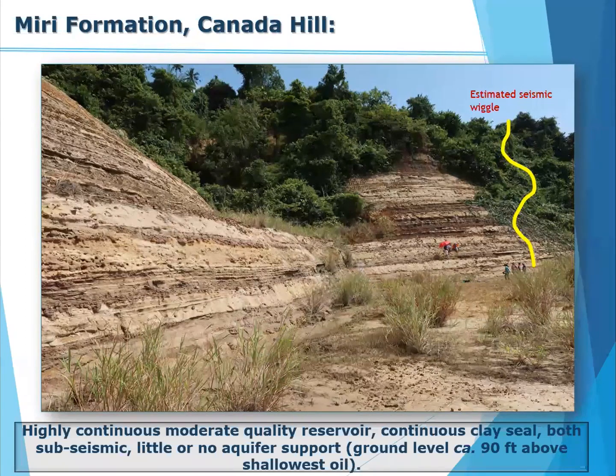And surprisingly, these very thin clay layers, you can find them over kilometers. It is not what you would expect as a geologist, but that happens. So here we have a moderate quality reservoir with very many continuous tiny clay seals.